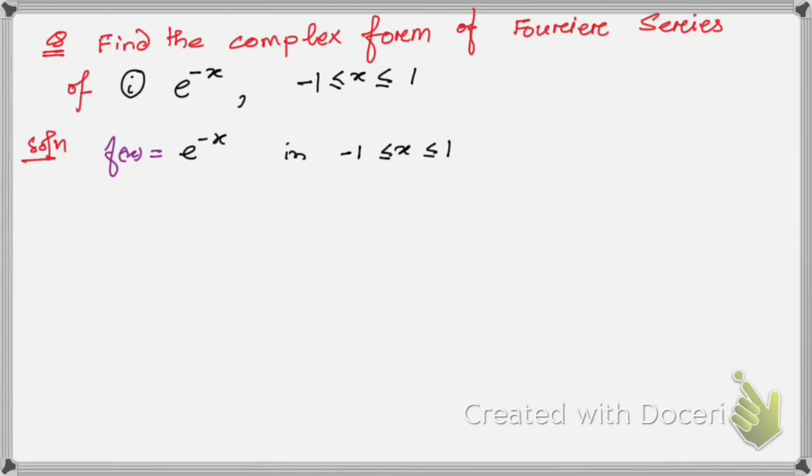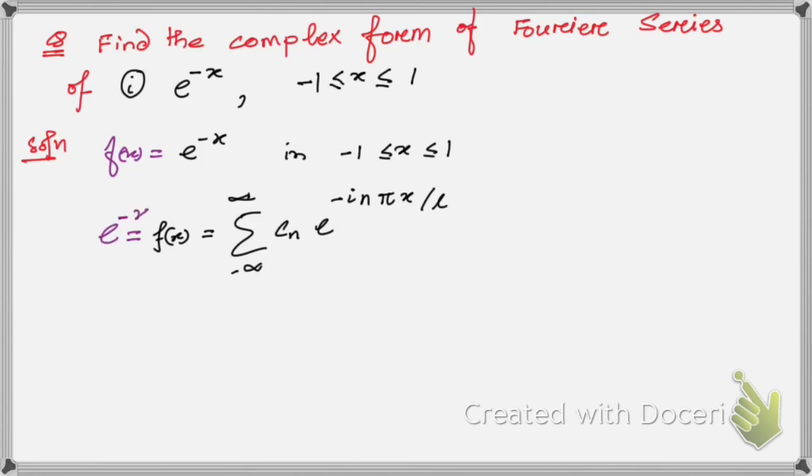So we know that the complex form of a Fourier series is given by this: f of x is equal to summation Cn e to the power minus i n pi x by L. And here this f of x is nothing but e to the power minus x in this case.